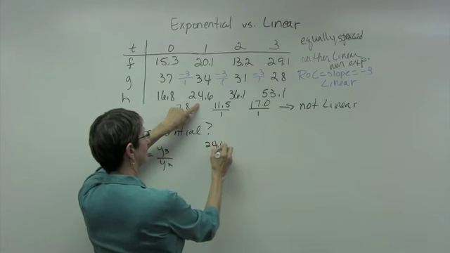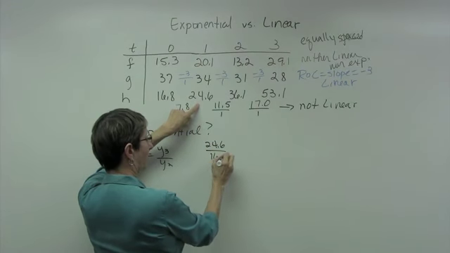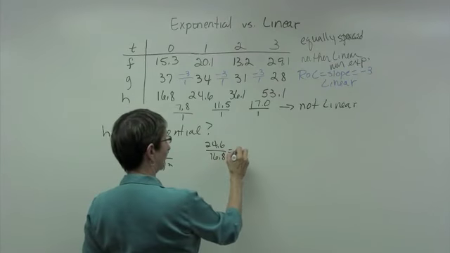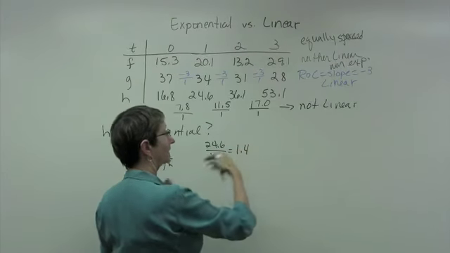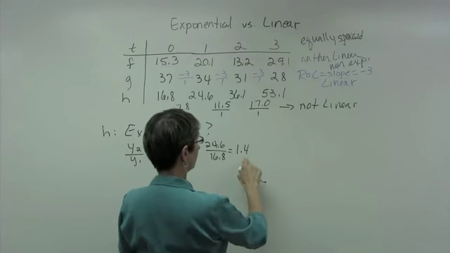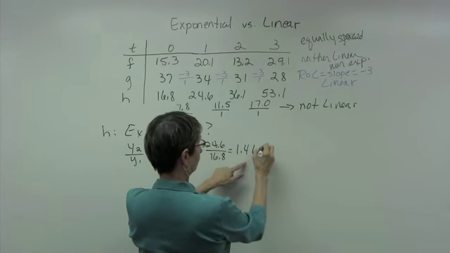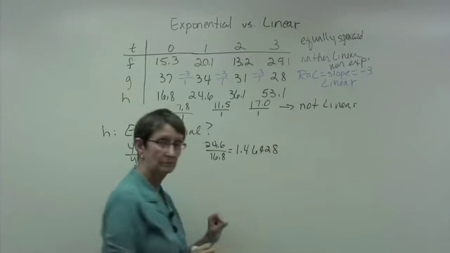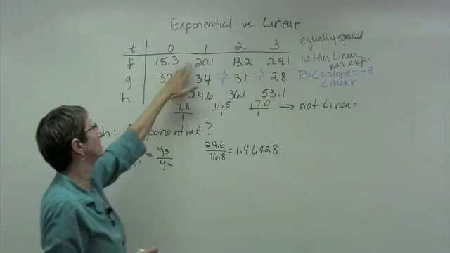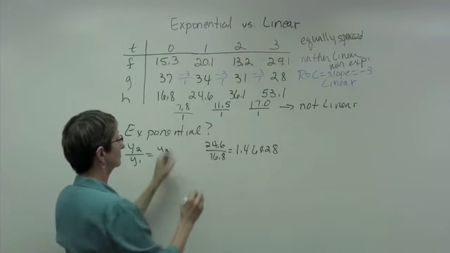24.6 divided by 16.8. If I do that ratio, I get 1.4, and then we have to remember to carry things out 4 to 6 decimals. So let's say it's 1.46428. So that's the ratio of y2 over y1, or in this case, y1 over y0.